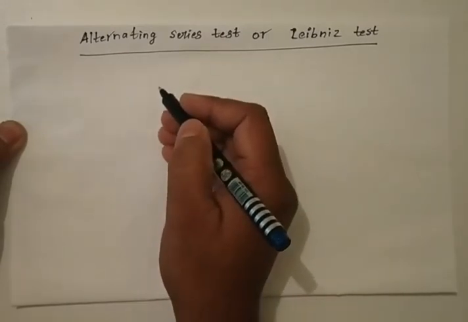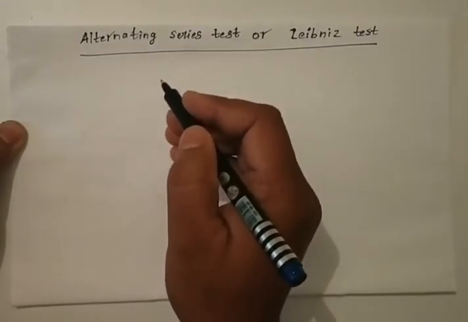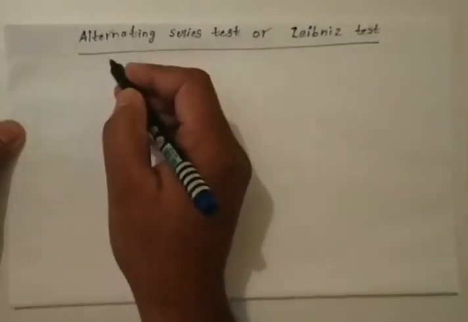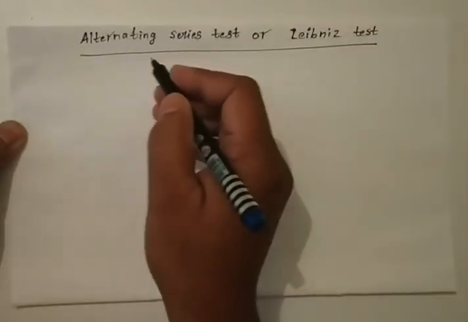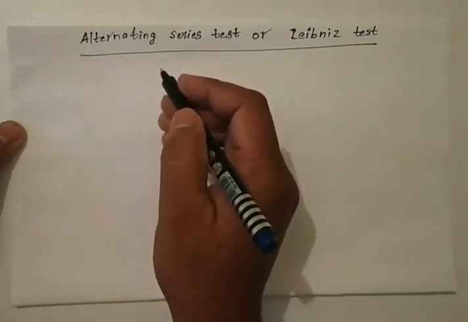Any series whose terms alternate between positive and negative values is called an alternating series.